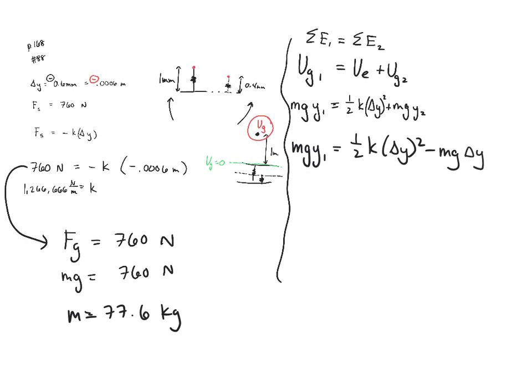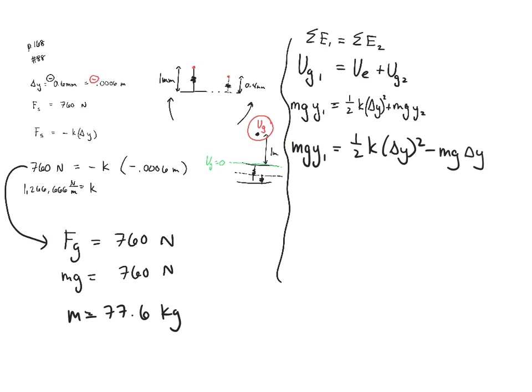I'm putting that delta y there to indicate that it's the same as however far the spring is compressed. The spring being compressed a certain distance is exactly how much further you're going to go below this green line where the scale started. So to solve this equation, what do we have to utilize?